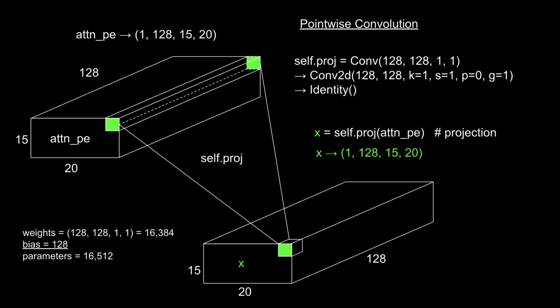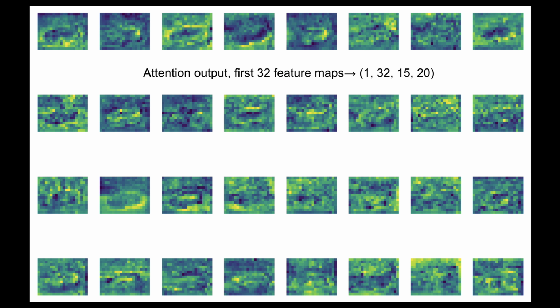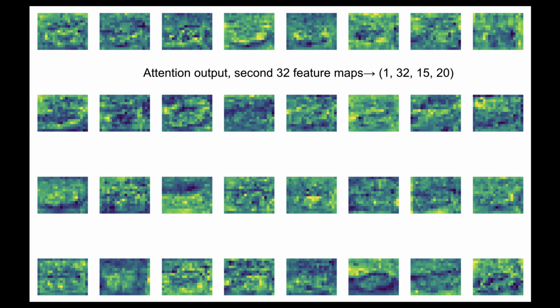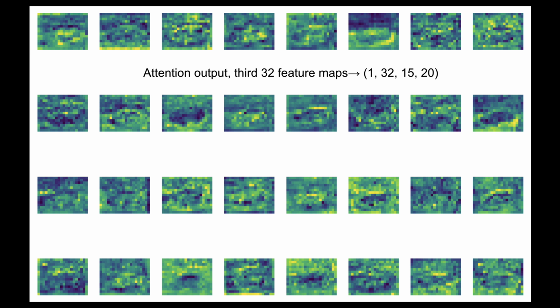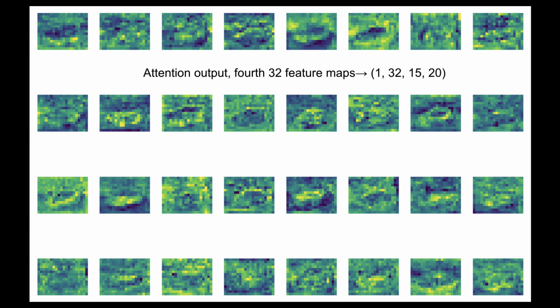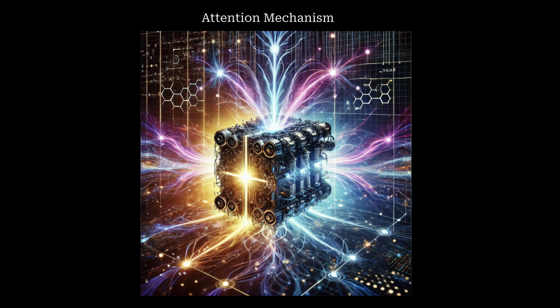This linear projection maintains the same tensor shape while refining the feature representation. We can see the 128 feature maps here, displayed in 32 chunks. These feature maps encapsulate both the representation and the spatial relationships of the attention block. This marks the end of the multi-head attention section.